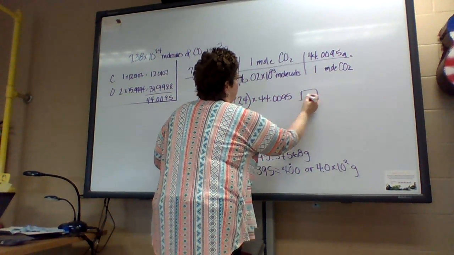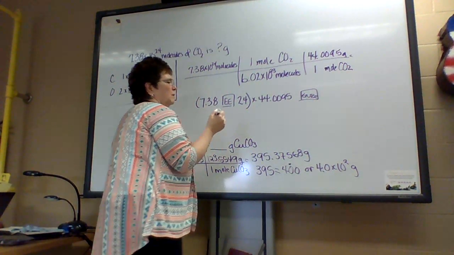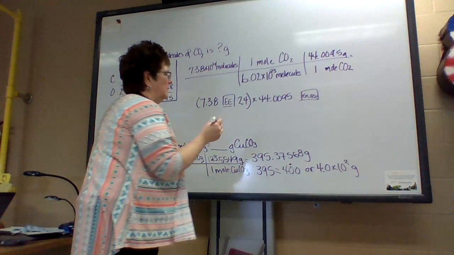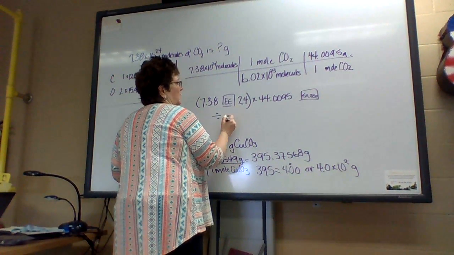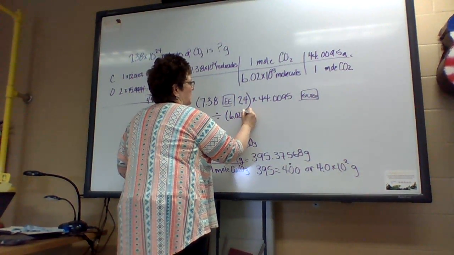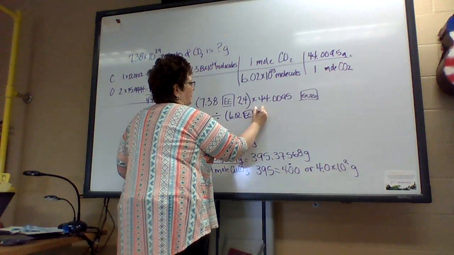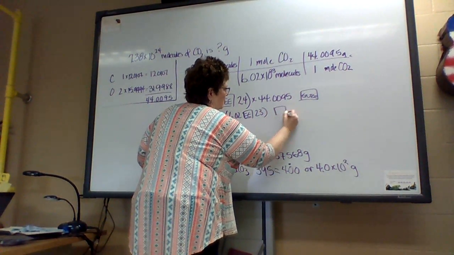On your phones, press enter or equals, whatever it is. Then take that answer divided by parentheses 6.02, the EE button, 23, parentheses, enter or equals.